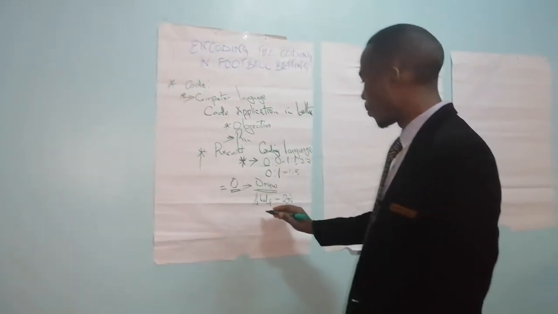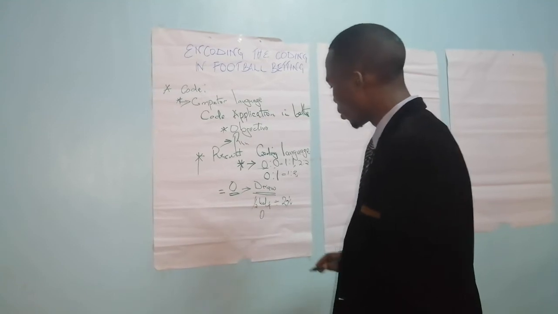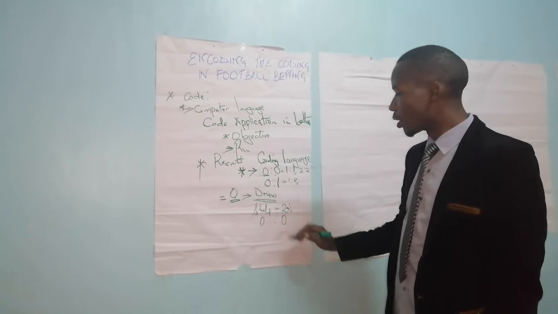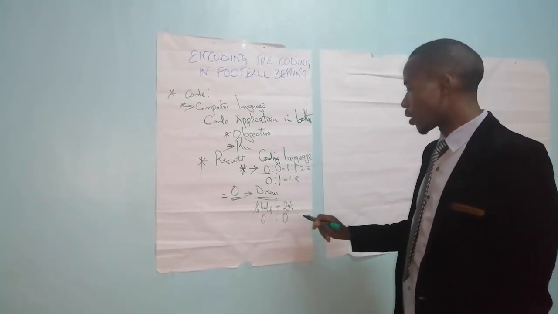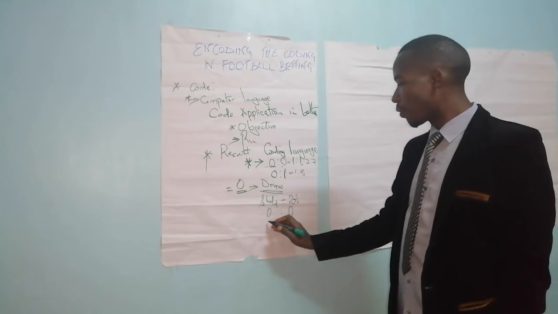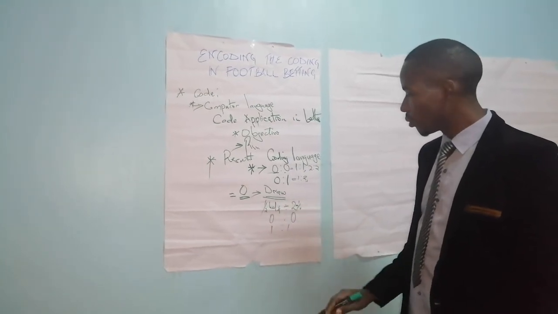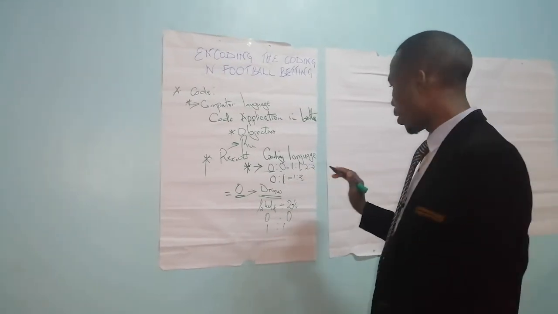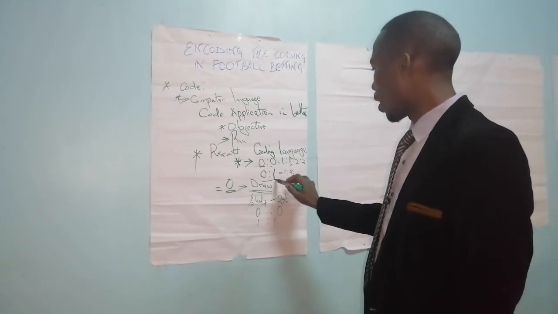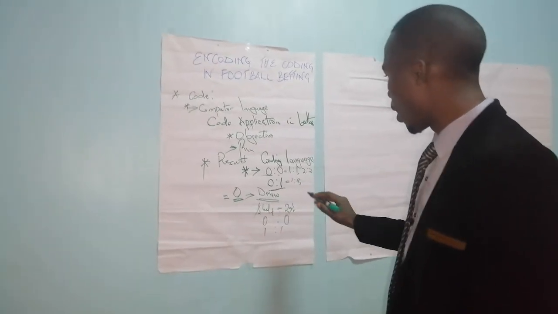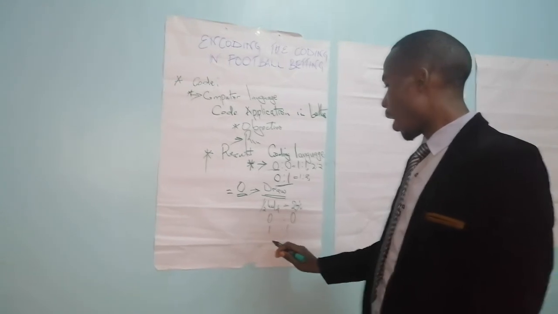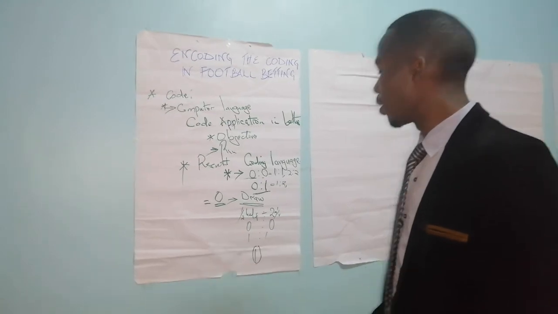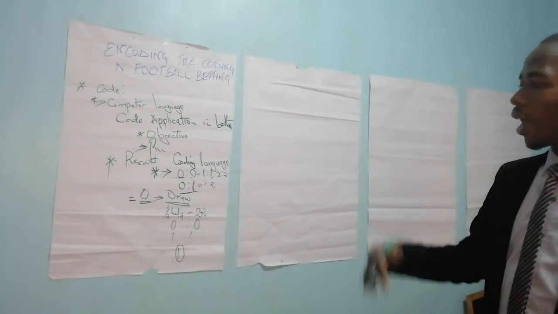First half, if the game ends 0-0, and the second half, the game ends 0-0, this one is a draw. If the game ends 1-1, 2-2, this is a draw. And when do you categorize a 0-1? A 0-1 is when there is a goal exceeding either halves.